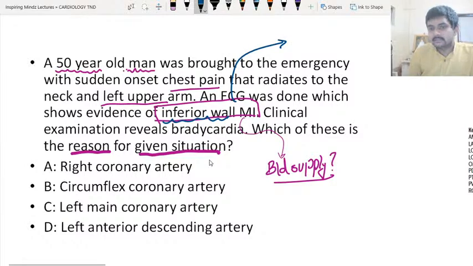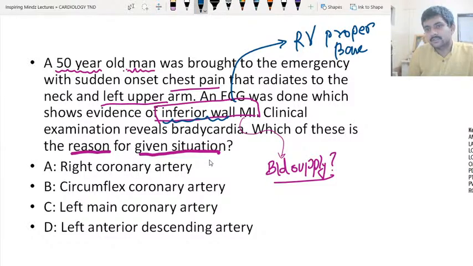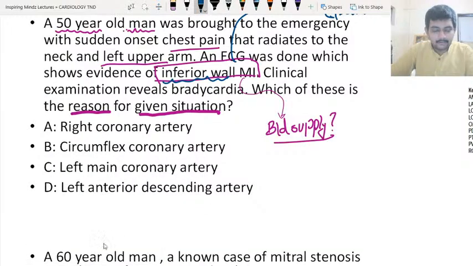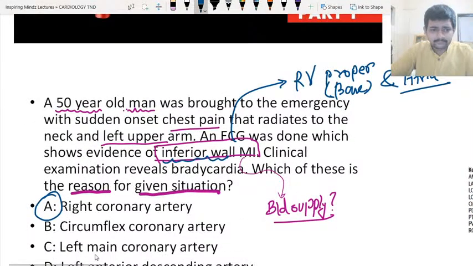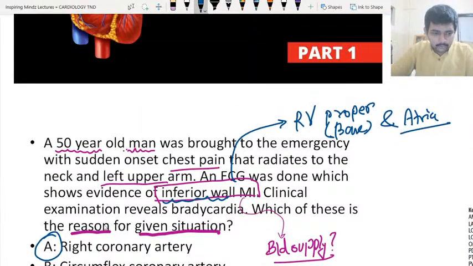It is formed by the right ventricle proper, that is the base of the right ventricle, and the atria, and this part is chiefly supplied by your right coronary artery, and that's why the correct answer in this question is the right coronary artery. Is that clear to everyone?